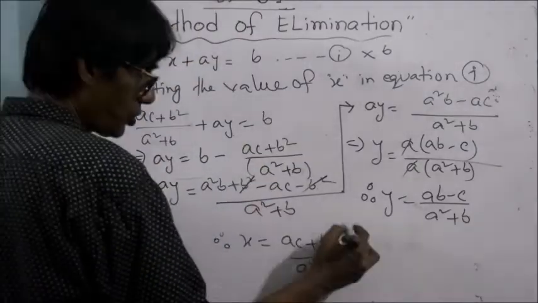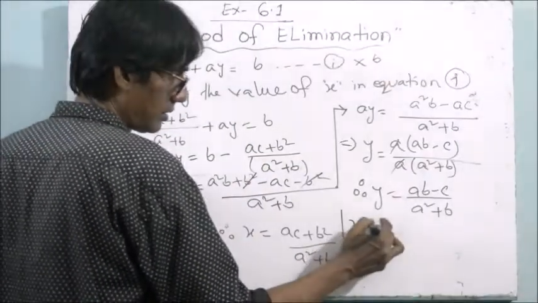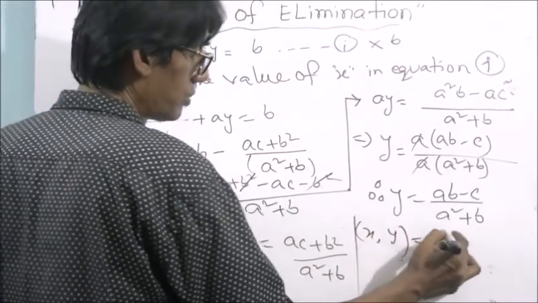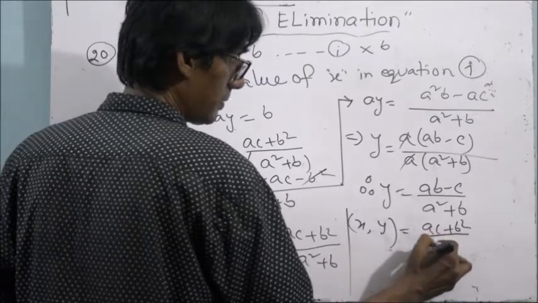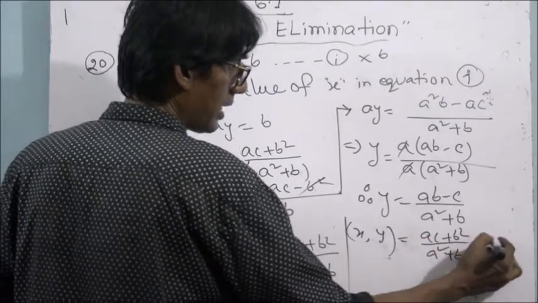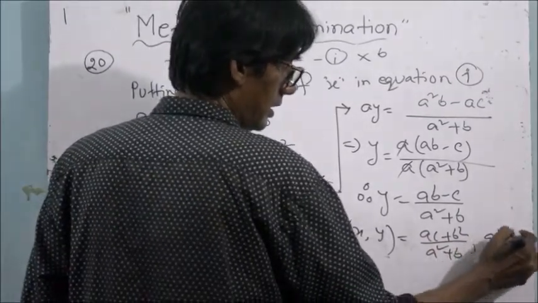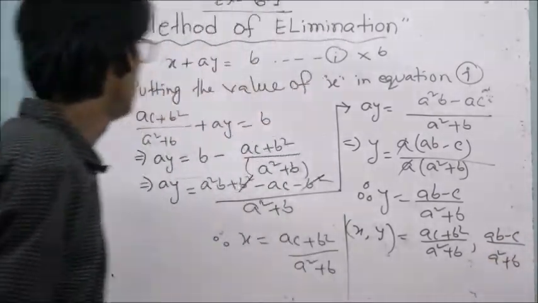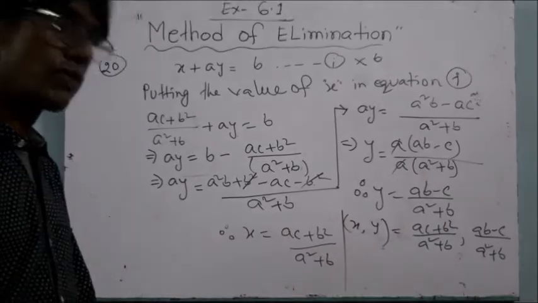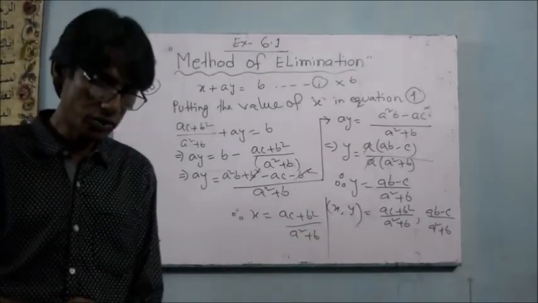So the required solution: x equal to (ac plus b square) divided by (a square plus b), and y equal to (ab minus c) divided by (a square plus b). So in this way we solve math number 20.